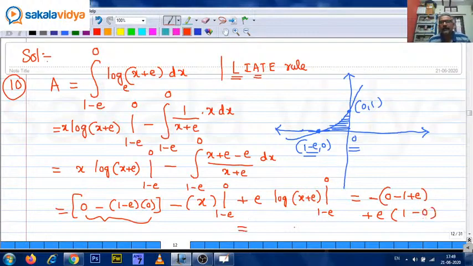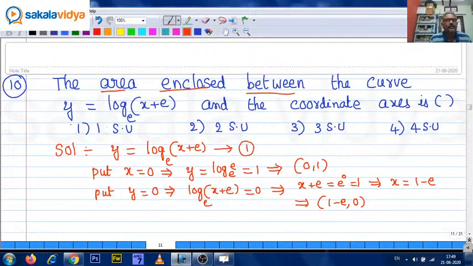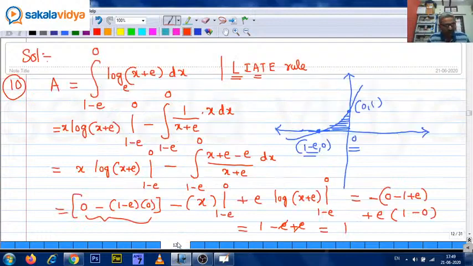So if you simplify, you get 1 minus e plus e, e gets cancelled, we have 1. The answer is 1. So the first option is the right option.